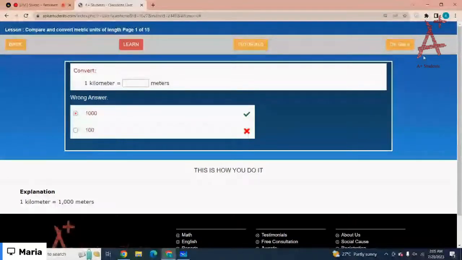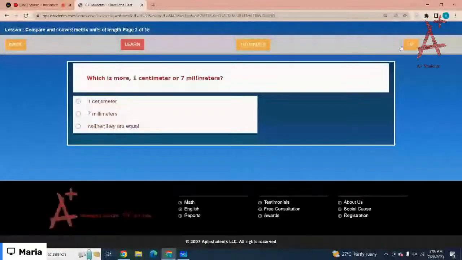Okay, which is more, 1 centimeter or 7 millimeter? Which is the correct option? You have to convert from centimeters to millimeter. 1 centimeter equals 10 millimeters. You can note this down.